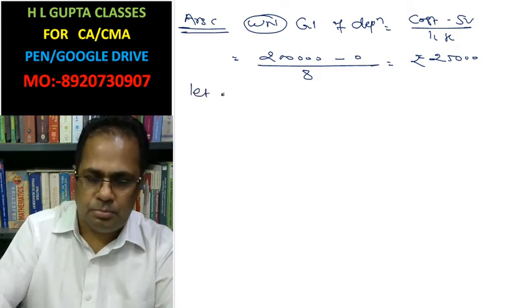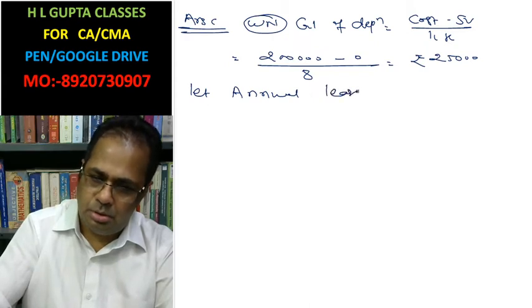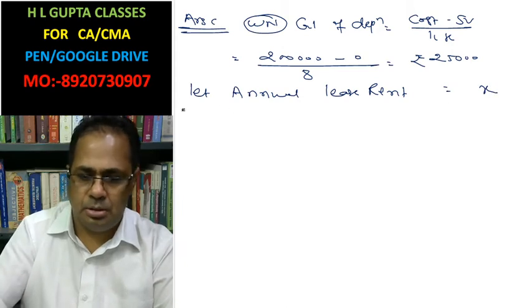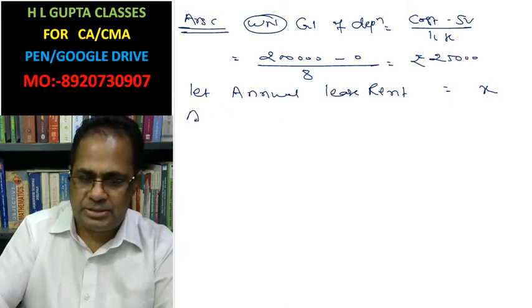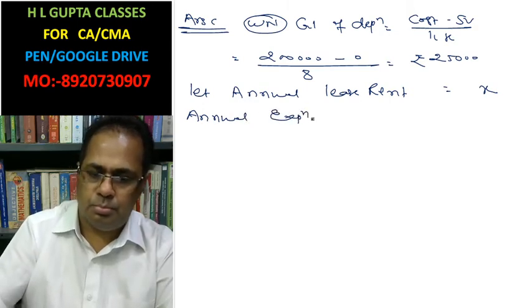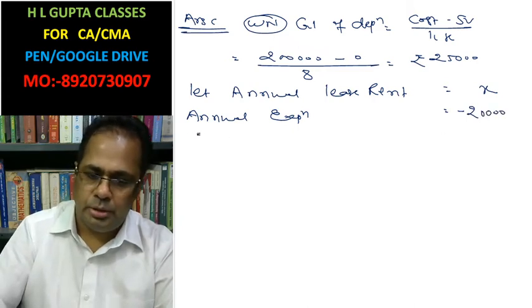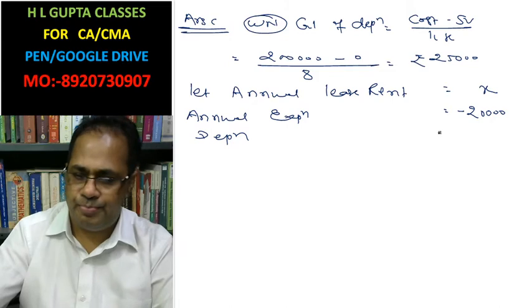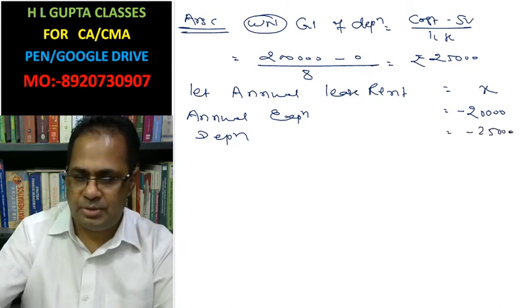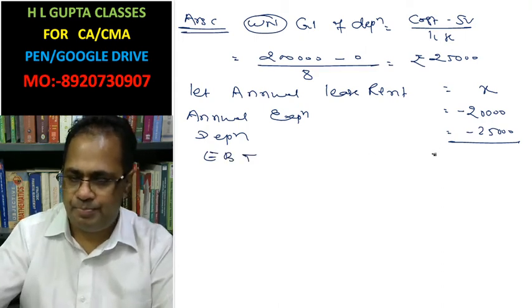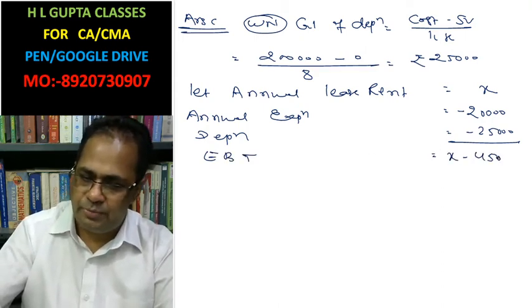Let annual lease rent be X. Annual expenditure minus 20,000, depreciation minus 25,000, earning before tax is x minus 45,000.